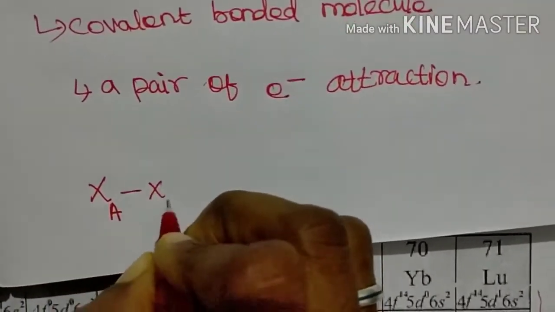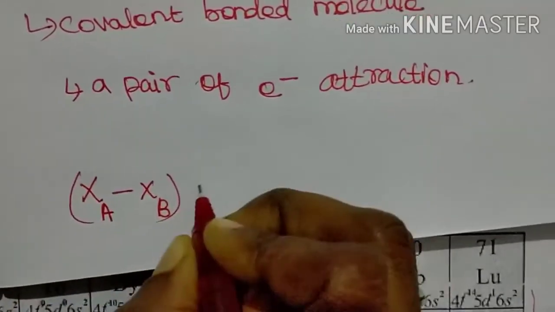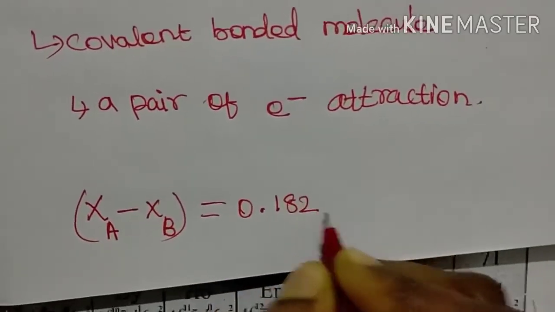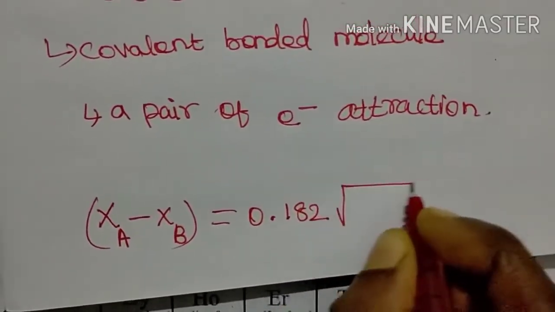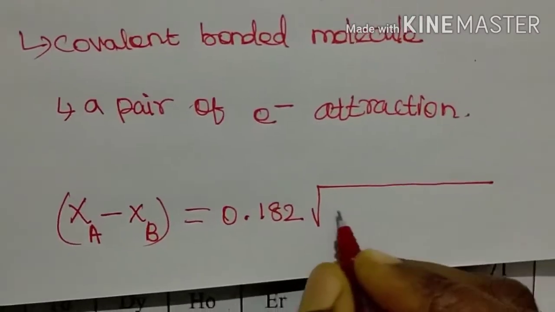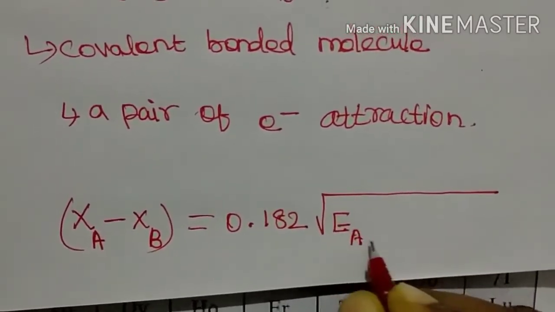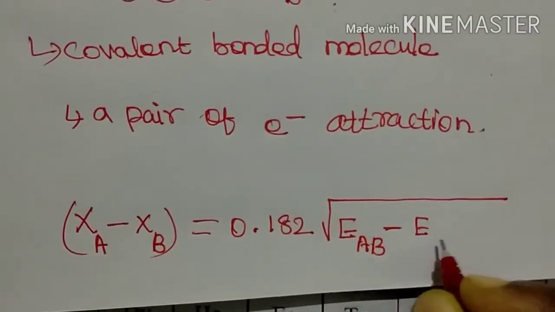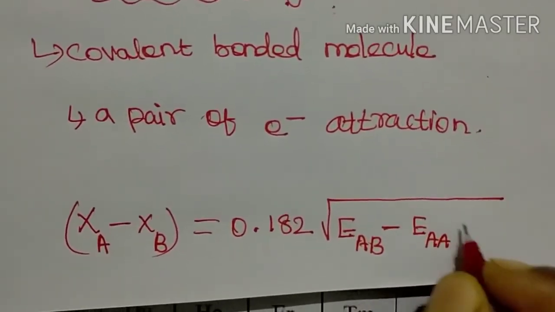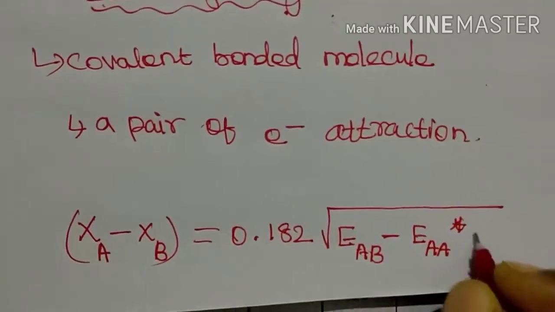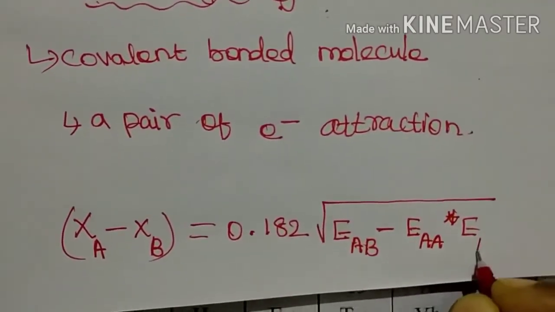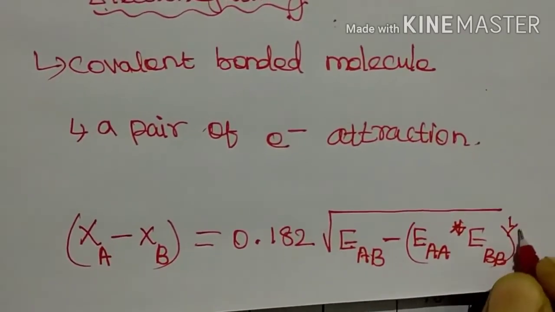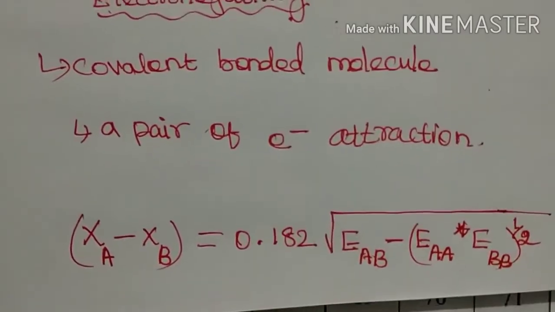XA minus XB equals 0.182 times the square root of (EAB minus (EAA multiplied by EBB) power 1 by 2).